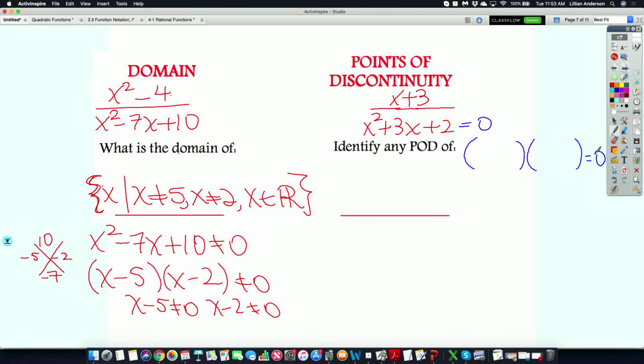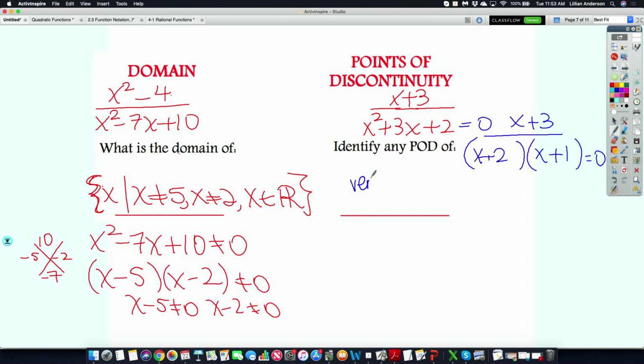What two numbers multiply to give me 2, add together to give me 3? Positive 2, positive 1. Now, real quick, since that is what the denominator factors down to be, and the numerator was x plus 3, does anything cancel out? So that means I have no holes. If nothing cancels out, I have no holes.